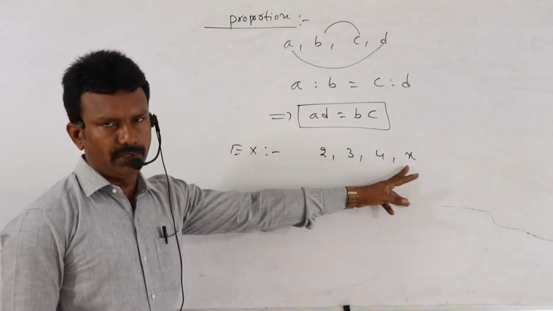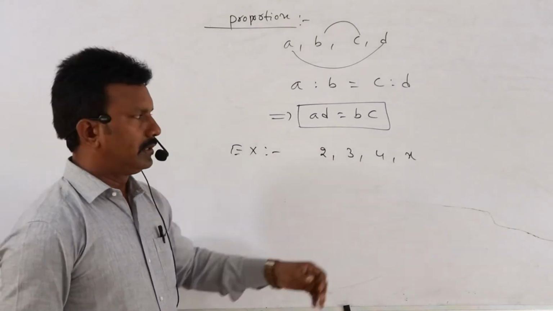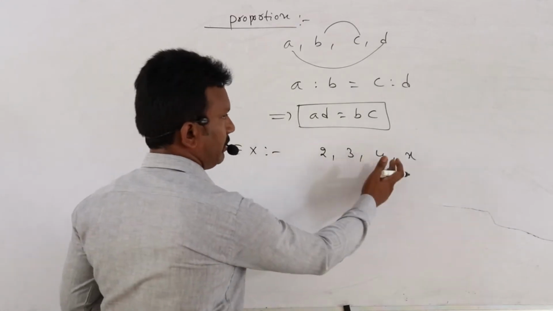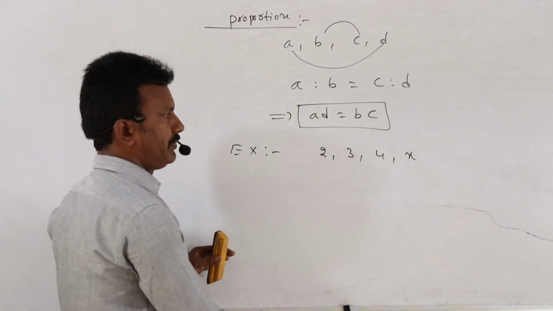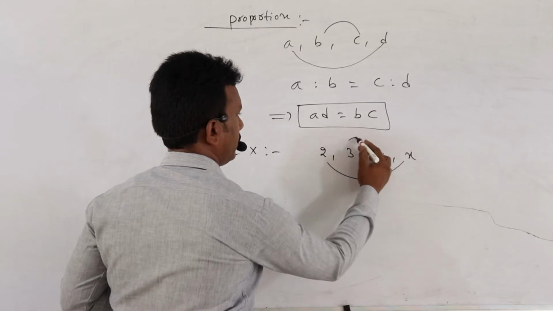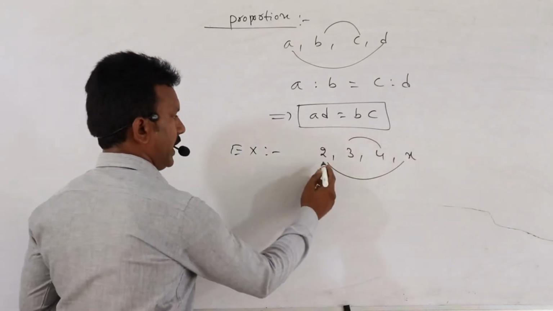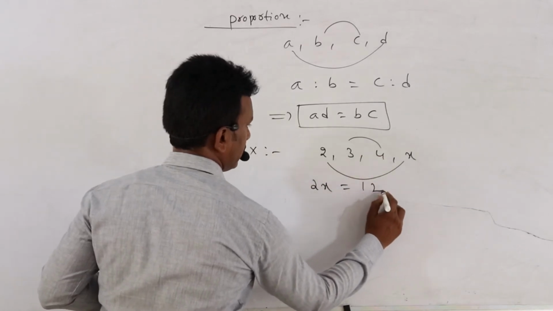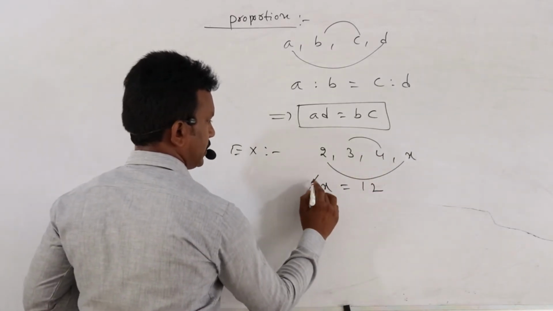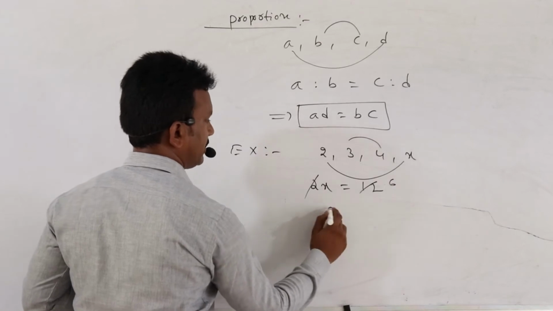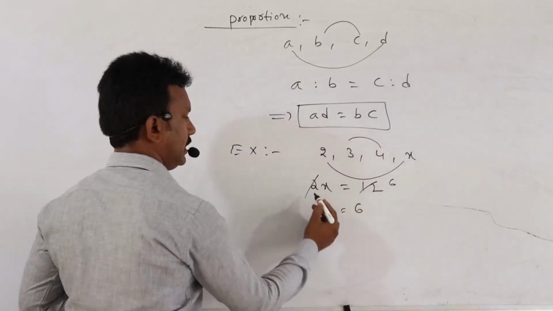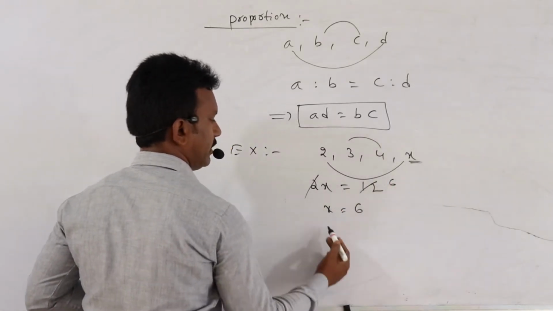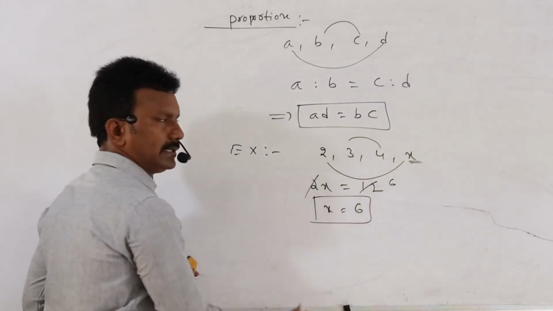Find the value of X. Clearly these four numbers are in proportion, so we write product of extremes equals product of means. 2 into X, 2X, is equal to 3 fours 12. Cancelling, 2 ones are 2, 6. 6 times X equals 6. The value of X is 6.